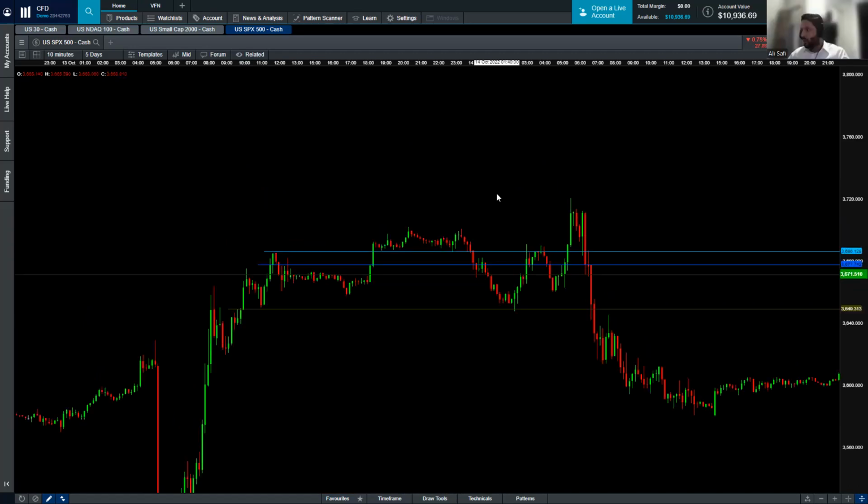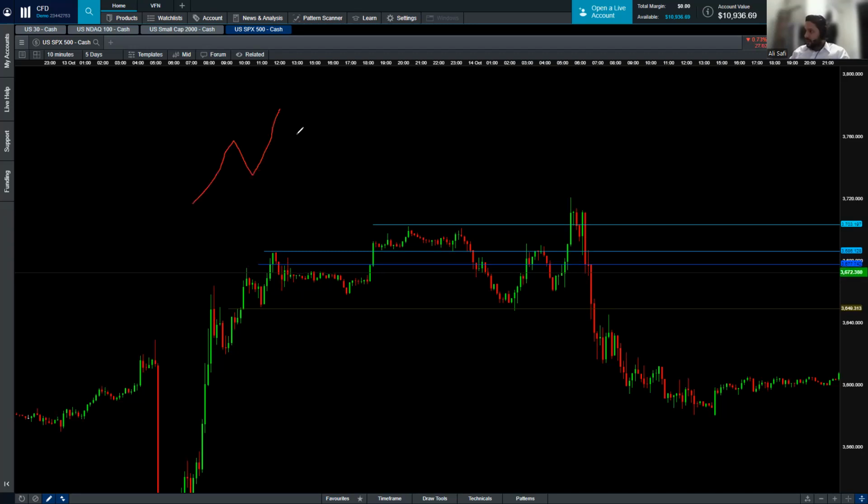In this case, the space between here and here is very, very tight. It's not a tall head and shoulder. It is a very tight head and shoulder, right? So in this case I would recommend putting it here. That's the first thing. The second thing: is this sharp, or is this something like this? I said when we are having something like this, we like to see something like this.